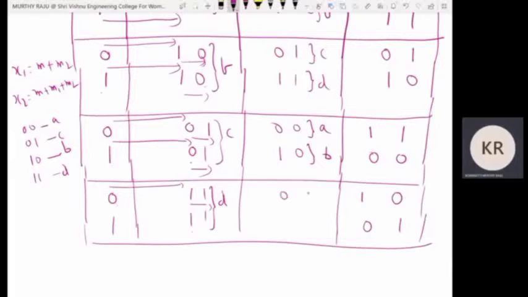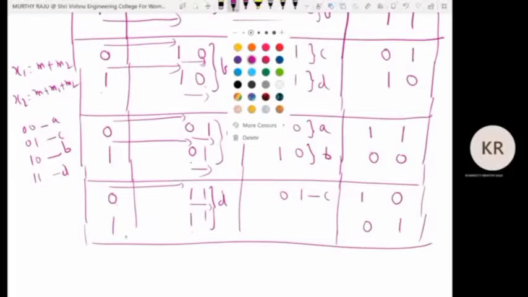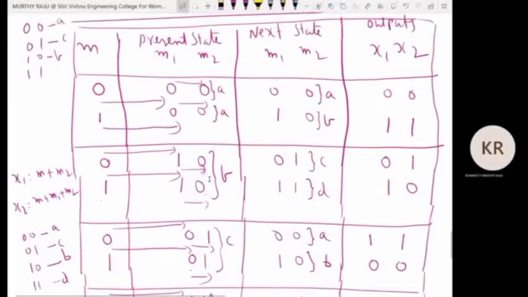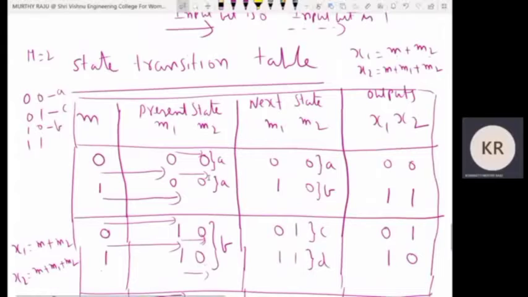Here 0, 1 is C. 1, 1 is D. These are the state transition table design.